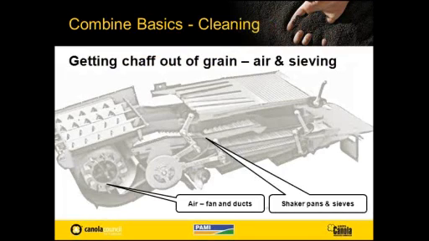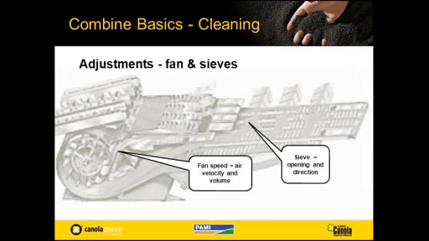We move on to cleaning, and really there's two factors there. One is the fan and air supply, and the other is the sieves and the shaking motion. And really, the fan is supplying the air, and it has velocity and volume, and they're tied together.